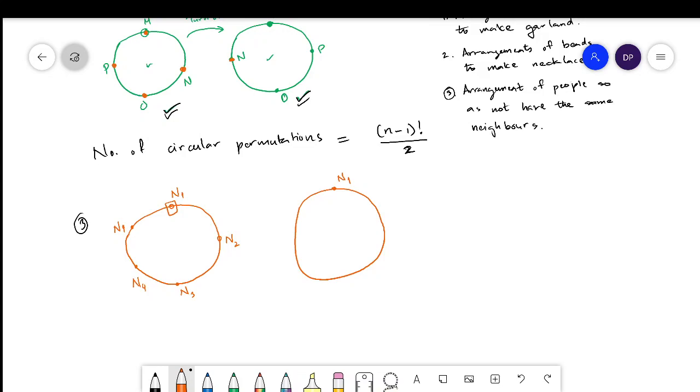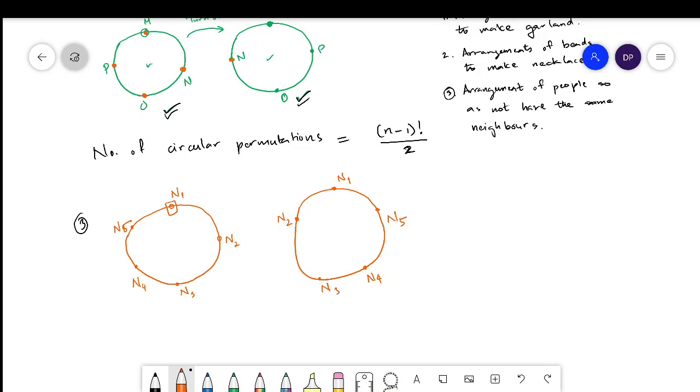Just change the positions out here. In place of neighbor 2 here, I'm keeping neighbor 2 here. Then here I have neighbor 3, and here neighbor 4 and neighbor 5.